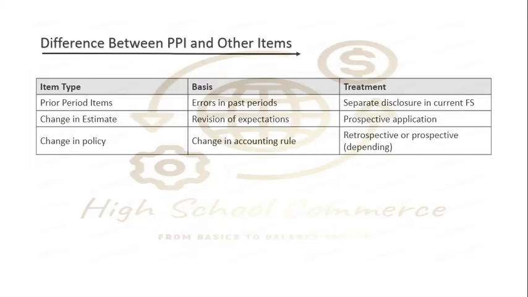There is certain misconception or confusion students or people have with prior period items, that is, change in accounting estimate and change in accounting policy. Suppose I have a debt of 20,000 and I used to make a provision on it, say 10%, for the last 3 financial years.